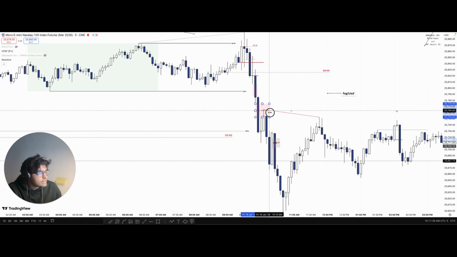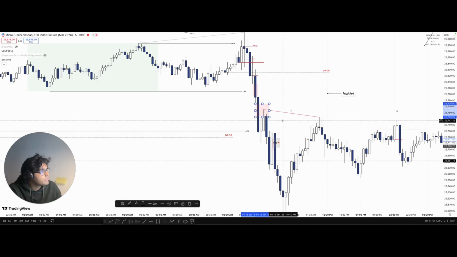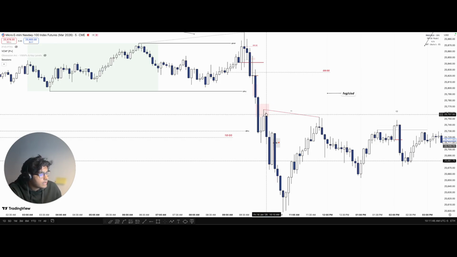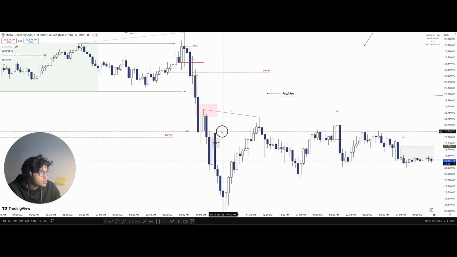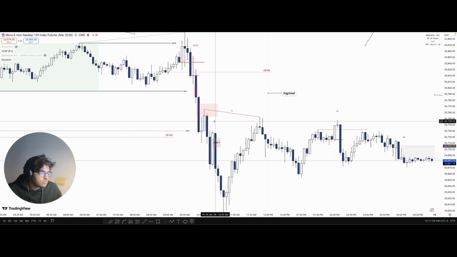right? If it doesn't flip, there is no reason for you to flip your bias and no need to trade continuations. If this candle flips it and it will switch this bearish to an inverted bullish fair value gap, then you can switch a bias, right? Other than that, there is no need to do that.